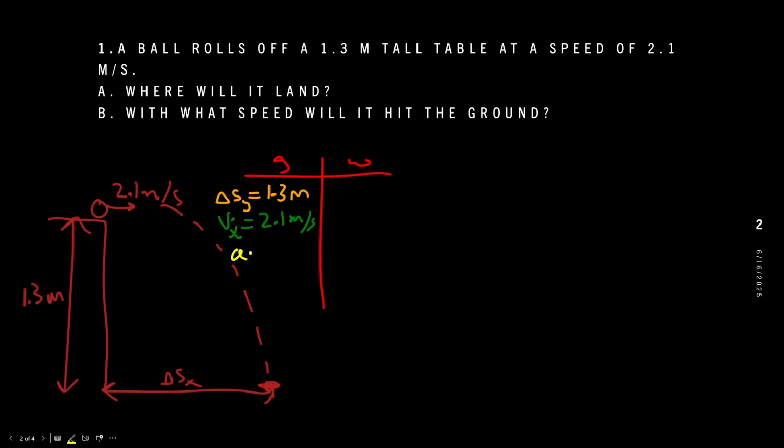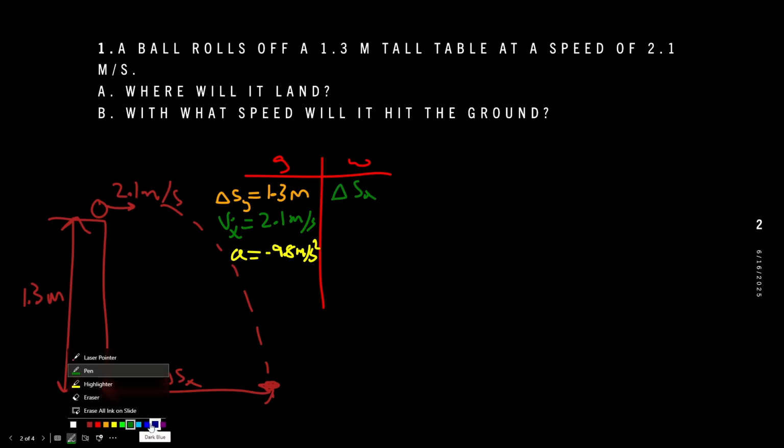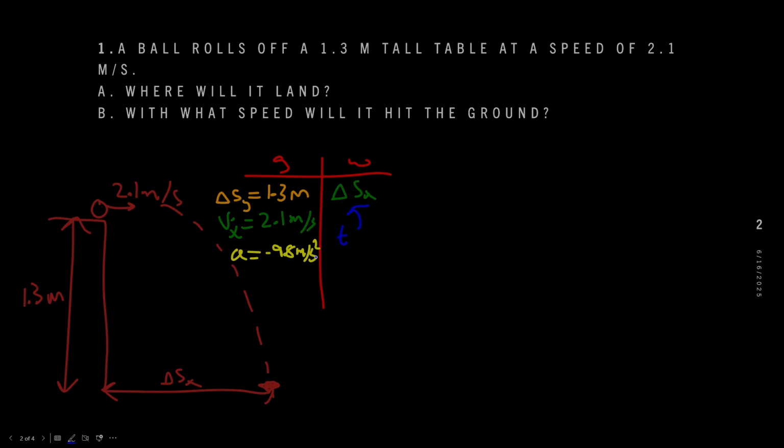Then we could say A is negative 9.8 meters per second squared, and what we want to find is delta Sx, but to find that we need to find time first. And so I labeled time in blue because time is both a y value and an x value.